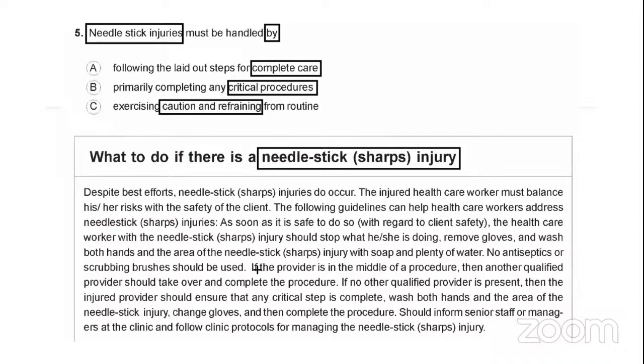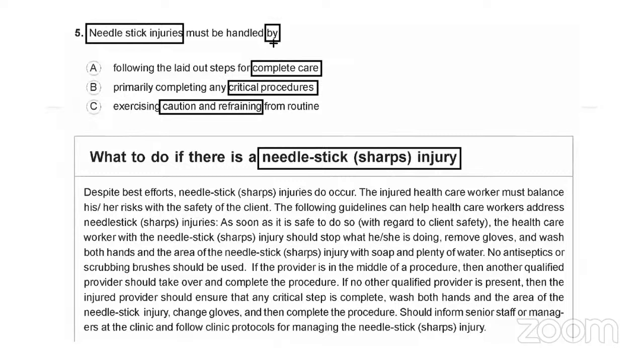Now, the following guidelines can help healthcare workers address needle stick injuries.